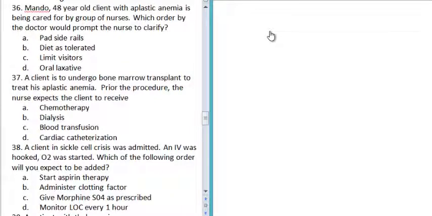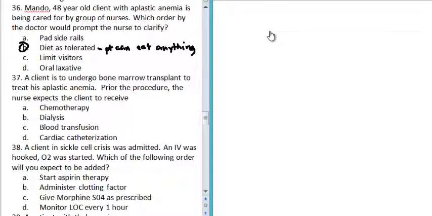Number 36. Mando, a 48-year-old client with aplastic anemia, is being cared for by a group of nurses. Which order by the doctor would prompt the nurse to clarify? Answer: B. Why? Because diet as tolerated means the patient can eat anything, which is wrong.